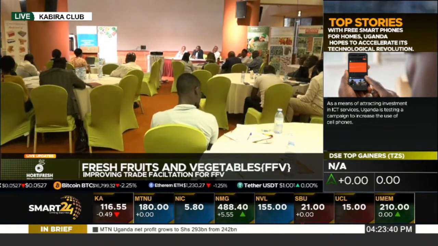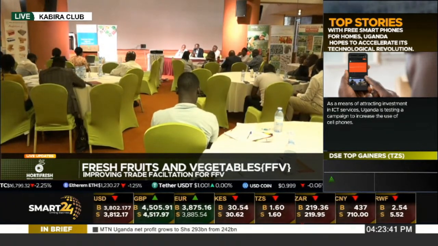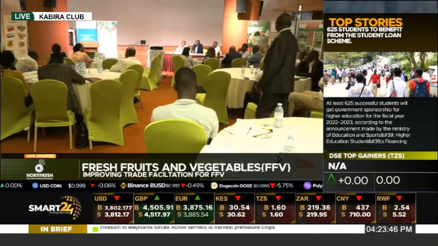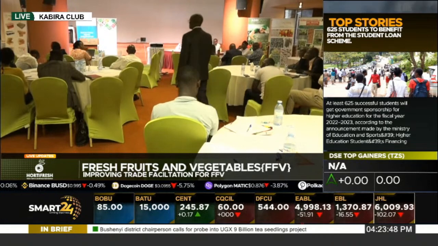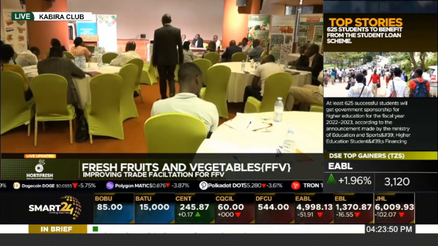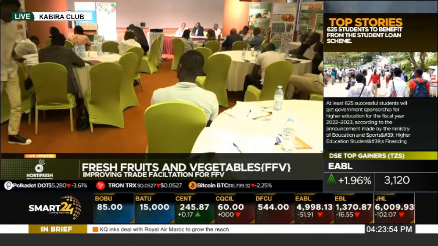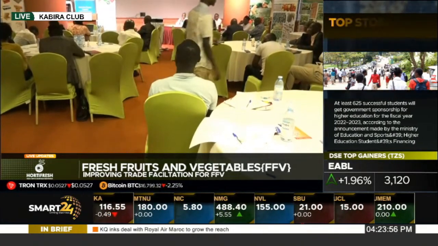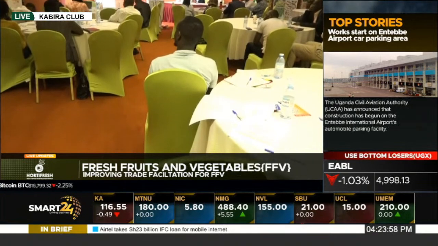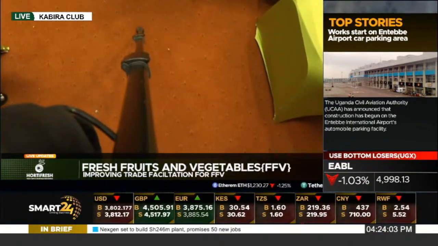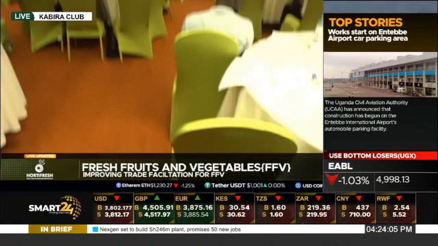Because vegetables are kept at around -2 to -8 degrees. Now, how will that person know? Sometimes we get the box inverted like this because there's no label which shows that this cargo should be handled like this. So I think there's a need to improve on the kind of labels that you put on the boxes. Thank you.